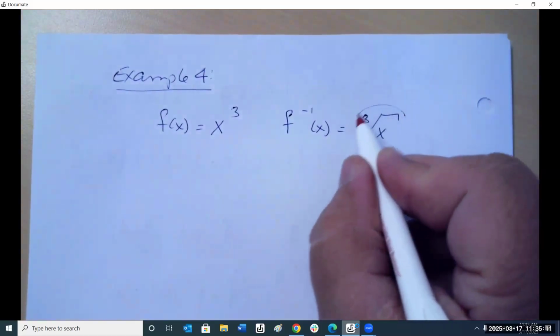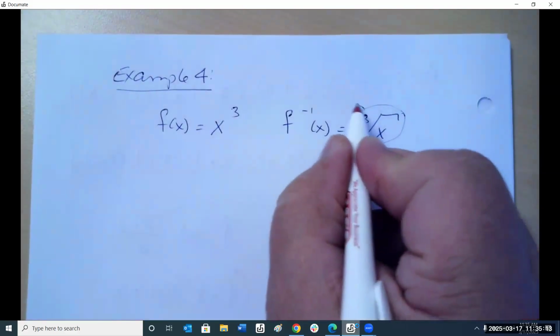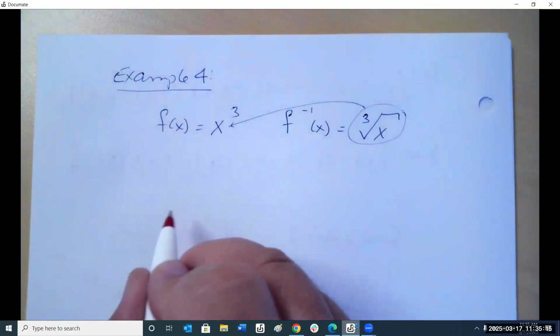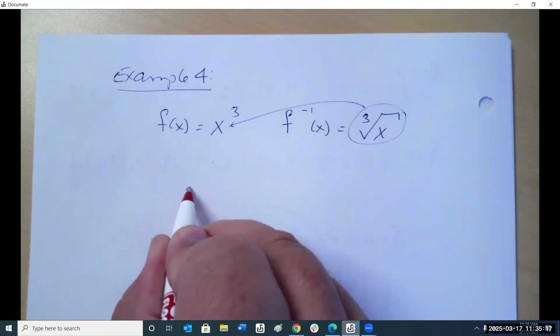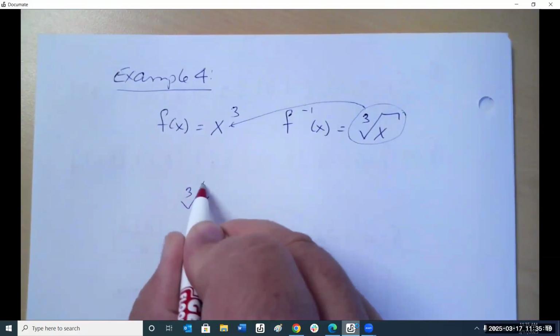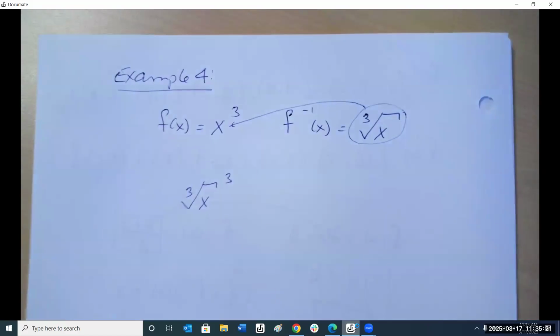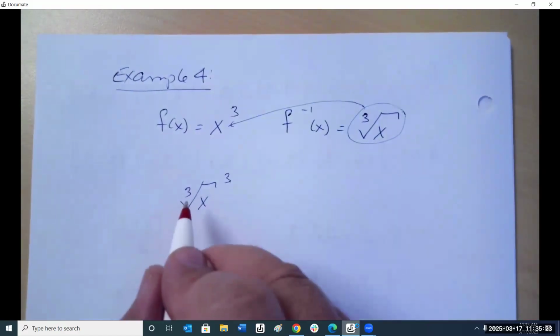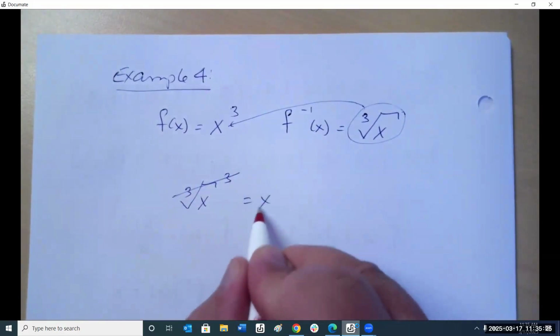One way of doing it, take this function, plug it inside here. So the cube root of x cubed, these cancel, so we're left with x.